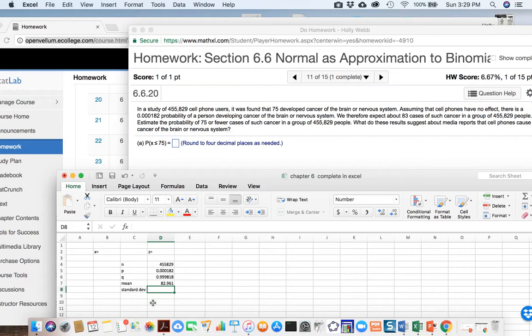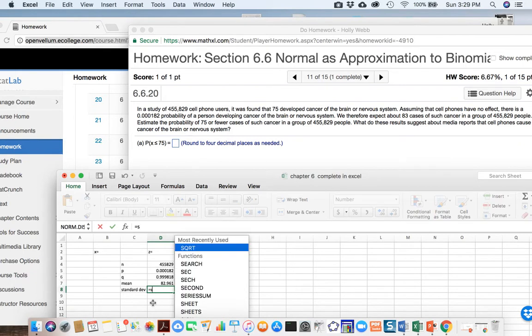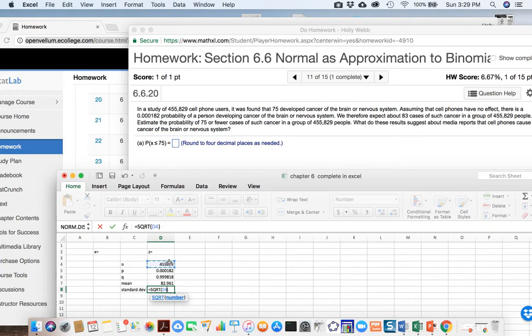And then the standard deviation is the square root of N times P times Q. All right, so we have a standard deviation. I ran into some rounding problems with this particular problem, and we want to find the probability of x less than or equal to 75.